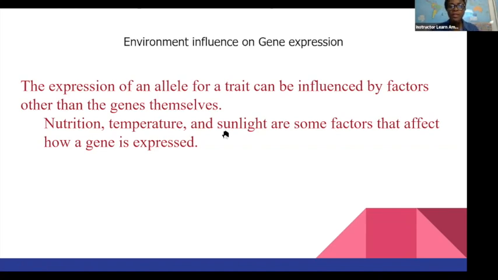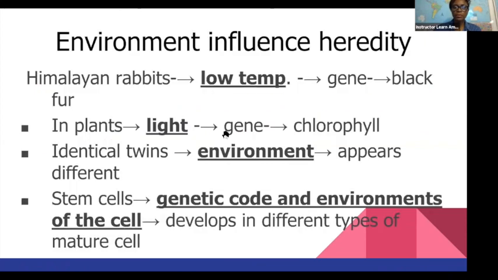The environment can also influence gene expression. Nutrition, temperature, sunlight, these are all factors that can affect gene expression. And I'm not just talking about humans, I'm speaking of living things in general, that all of these can affect the way genes will be expressed, what they'll become.